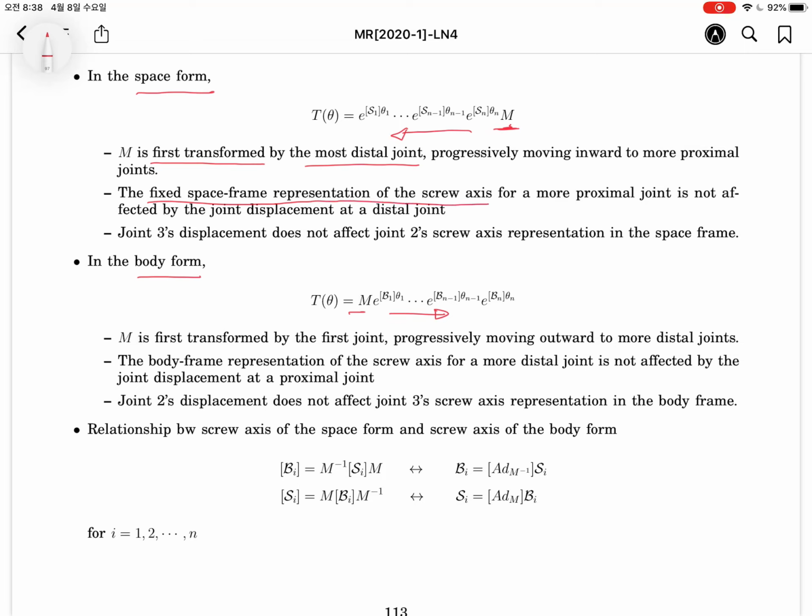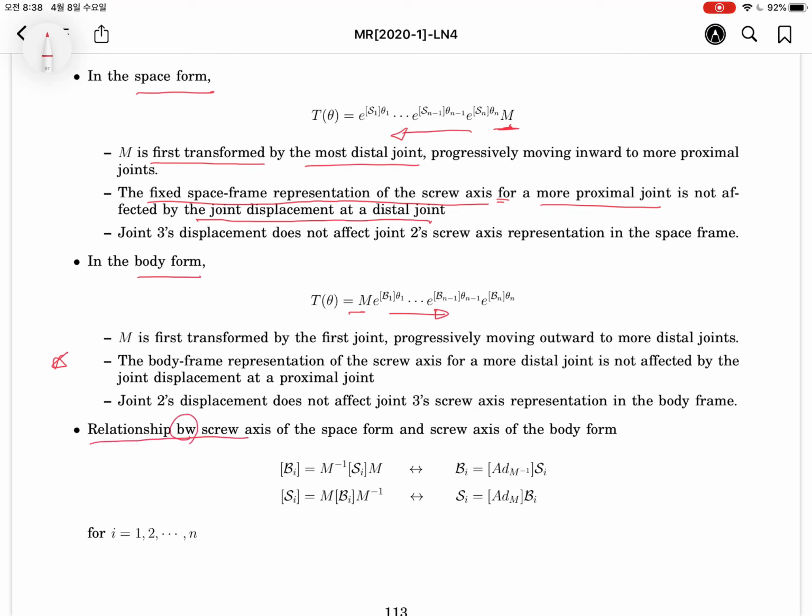Actually, the fixed space form representation of the screw axis for the more proximal joint near the base frame is not affected by the joint displacement at the distal joint near the body frame. Okay, the contrary concept will appear in the body frame.